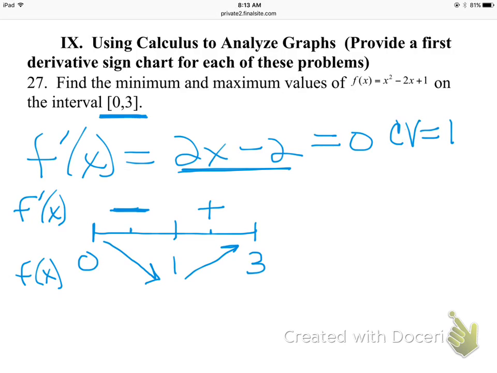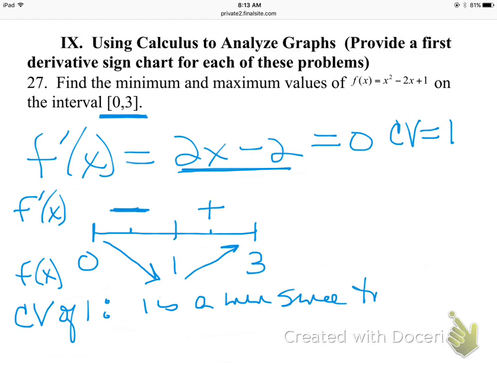So what I have found, the critical value of 1, looking at just that, I see that 1 is a min, since the slope changes from negative to positive.